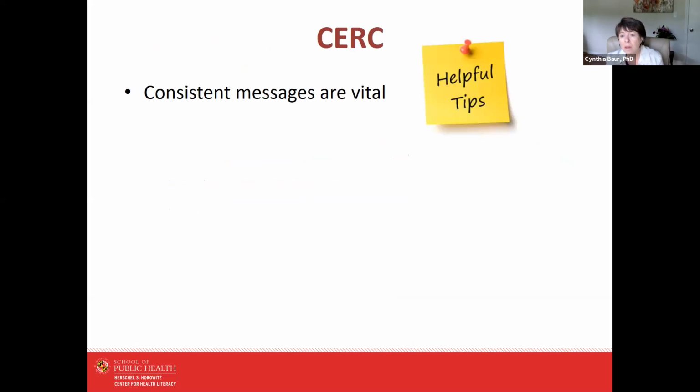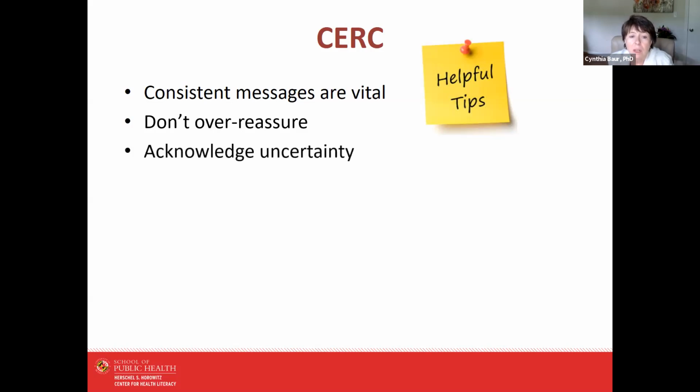So there are a number of really important tips that the CERC model has. Consistency, of course, is a very important attribute of helping people understand what they need to do. To not be over-reassuring, right? Especially when there's something that scientists and medical experts may not have seen before or may not be sure about how humans might respond to.